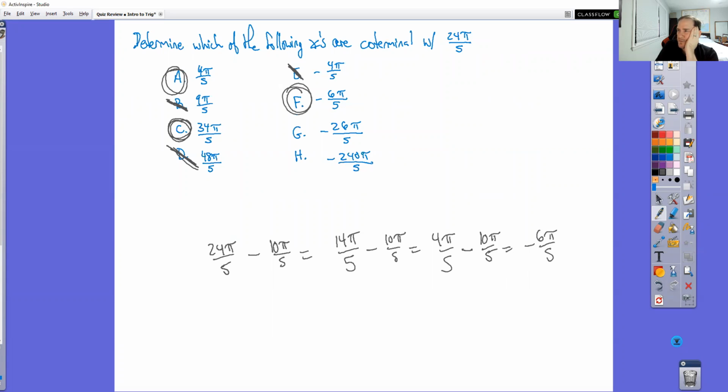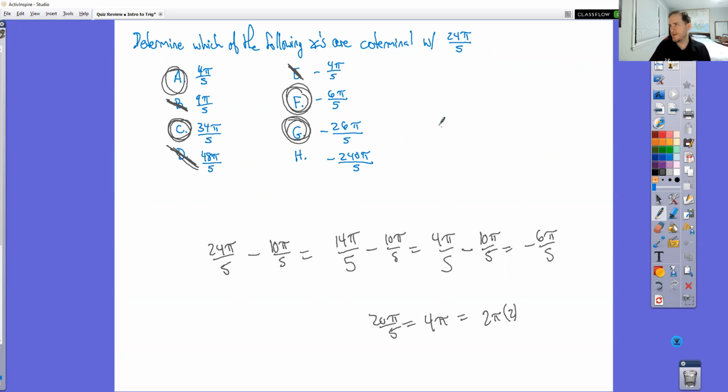We see that F does work. This here is a difference of 20 pi over 5. 20 pi over 5 is the same as 4 pi, which equals 2 pi just twice. So that's 2 full rotations away, so G works. And then 240, I don't know what that is. What's the difference between those two angles?